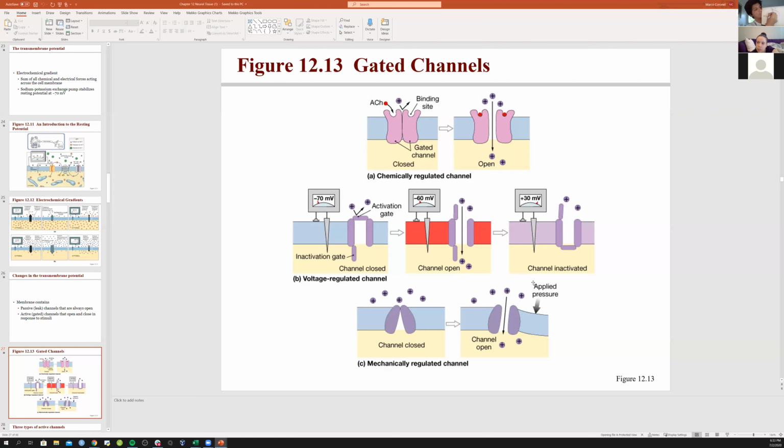Sodium is going to rush in because there's more sodium in the exterior of the cell. I usually remember this as the exterior saying, "nah," and the interior saying, "okay." More sodium in the exterior, more potassium in the interior. Those are the concentration gradients of these two ions.